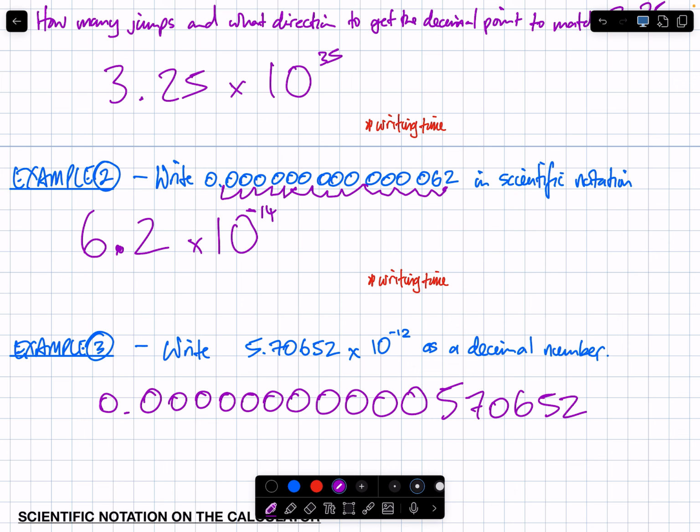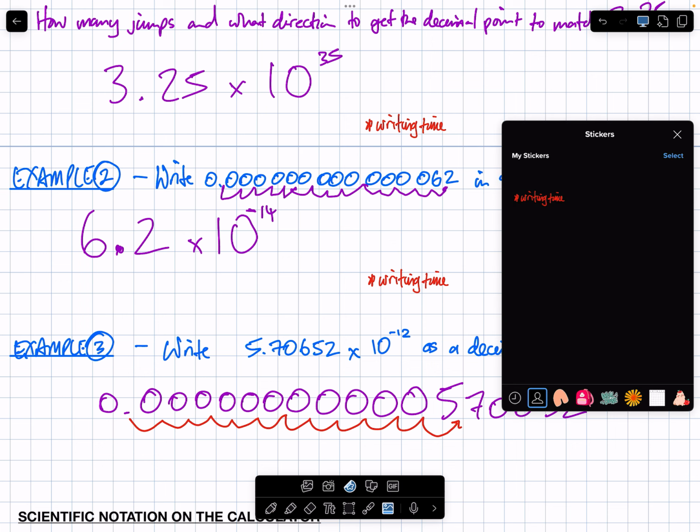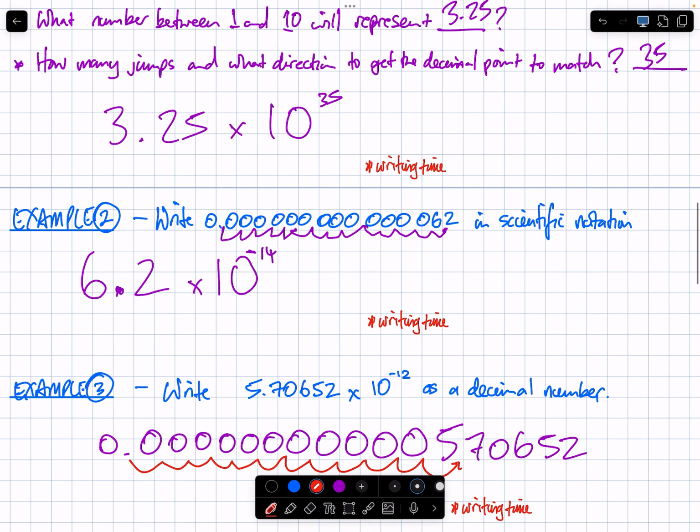If I jump 12 times back, 1, 2, 3, 4, 5, 6, 7, 8, 9, 10, 11, 12, is that right? Between the 5 and the 7? Okay, always double check if you've got time. Get that example down, please. Yep. How far there? Is that enough?